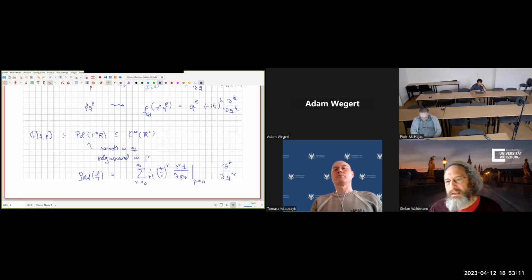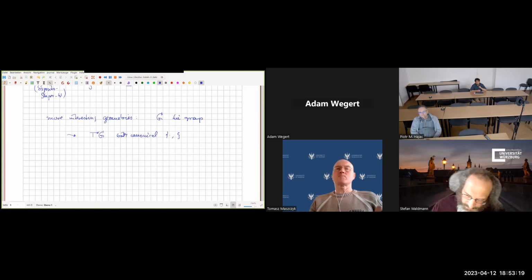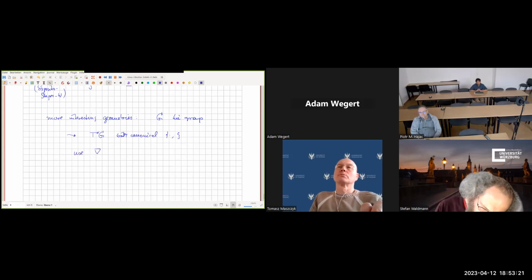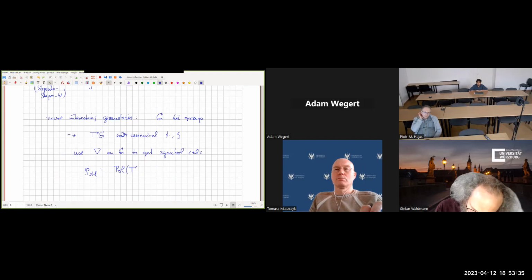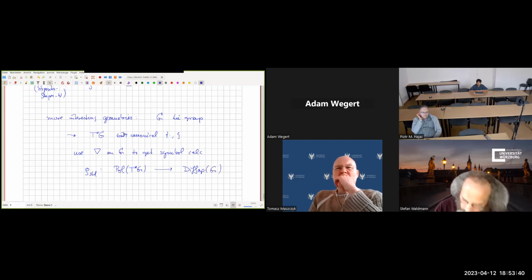Once you have specified a covariant derivative, this is kind of implicit in this example, and you can do that in general. So use a covariant derivative on G to get a symbol calculus, and that means again a standard ordering, if you want, from polynomial functions on the Lie group cotangent bundle into differential operators on G. Now this you can do for any cotangent bundle, and that gives a kind of star product by pulling back things.